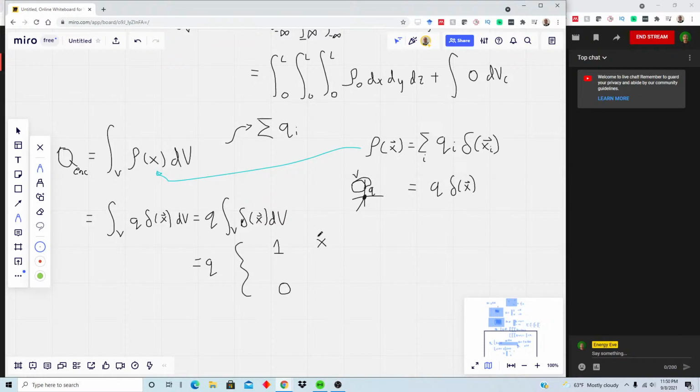whether x, so this is going to be dependent on whether the point source right here, which is at 0, so I'll write the vector in the notation of the 3-vector, is contained in the set of the volume.